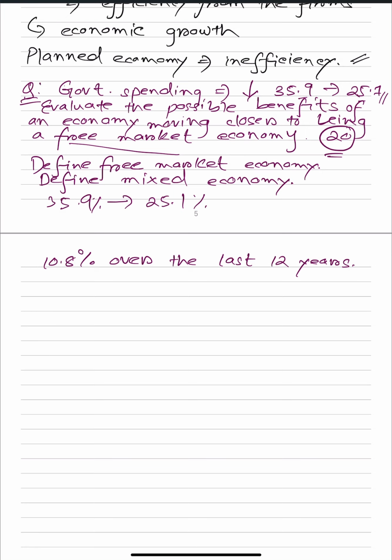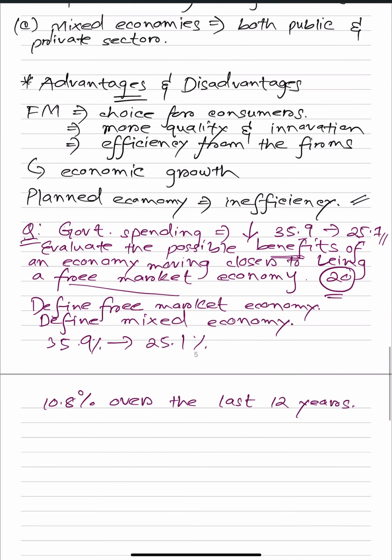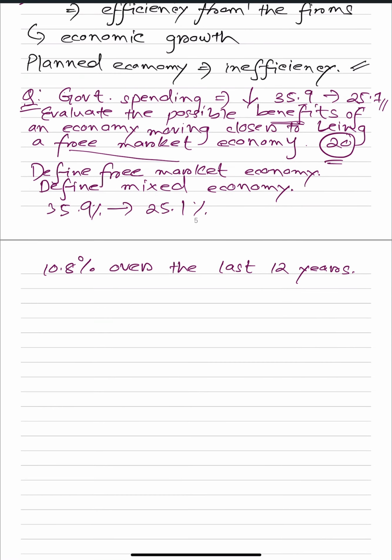So basically, we are asked to identify the possible benefits. As we have already mentioned over here, benefits of free market economy, we're going to write the same things. So we can talk about how resources will be more efficiently gathered.